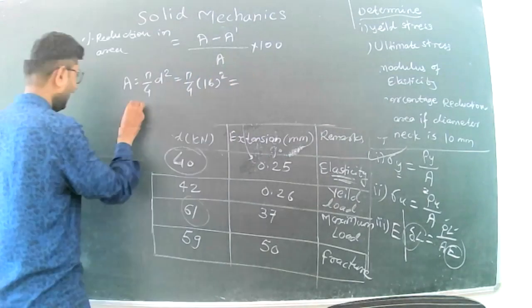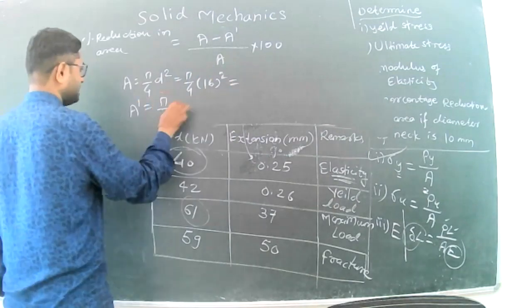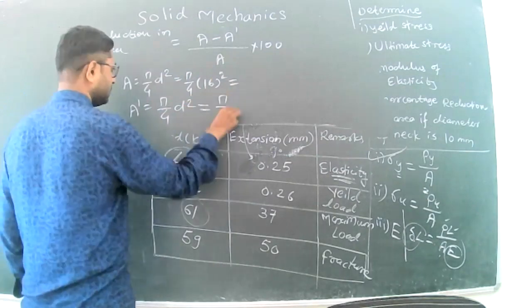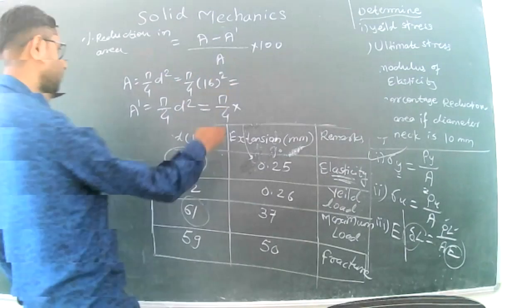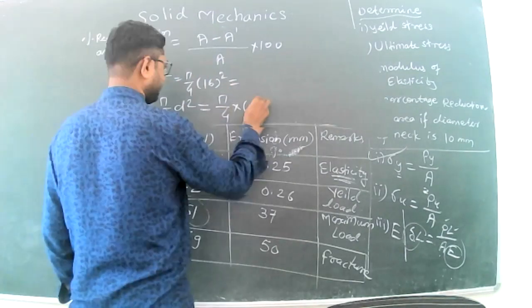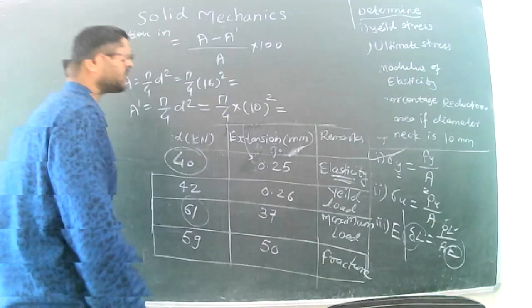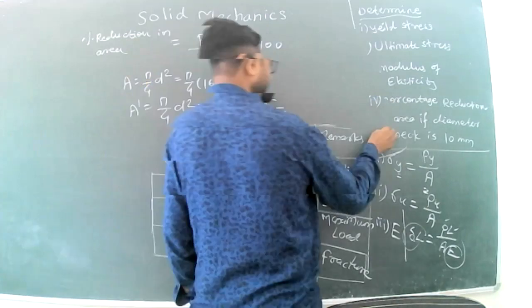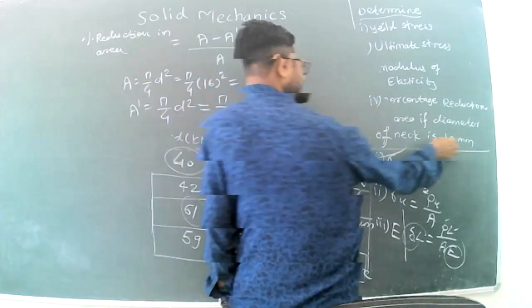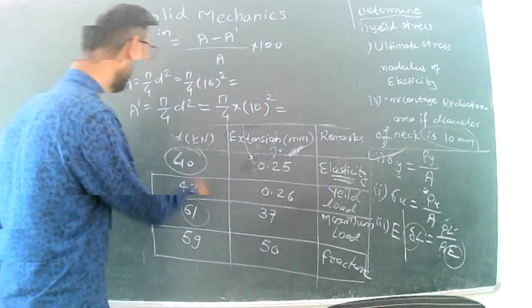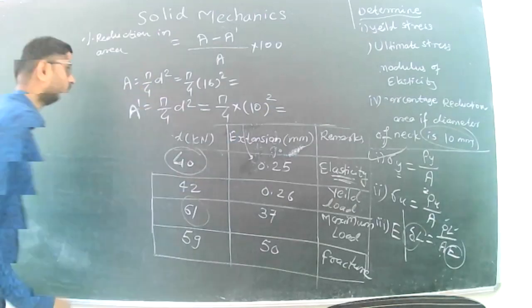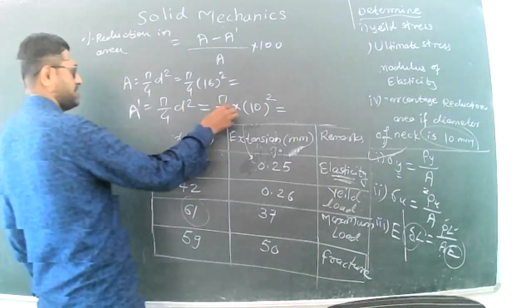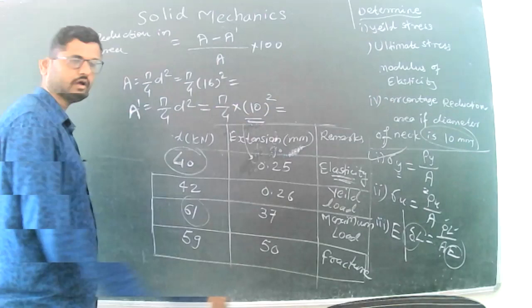The reduced area formula is the same, pi by 4 d square, but here you have to consider the reduced diameter. The diameter of neck is 10 mm, so the reduced area is pi by 4 into 10 square.